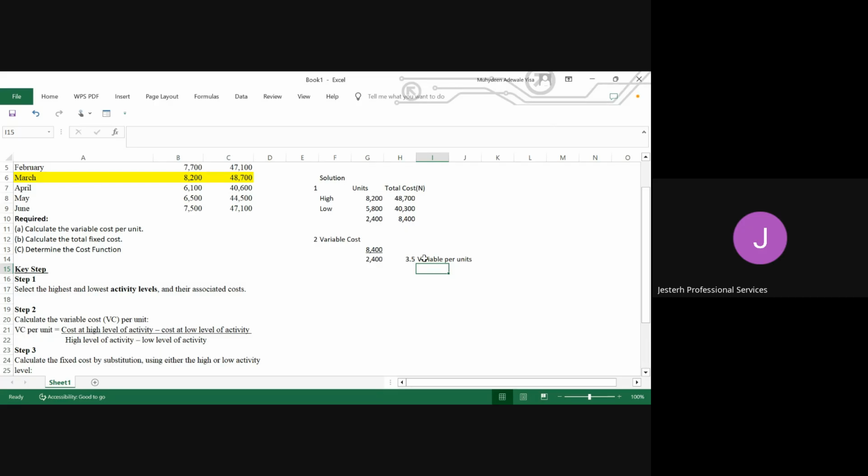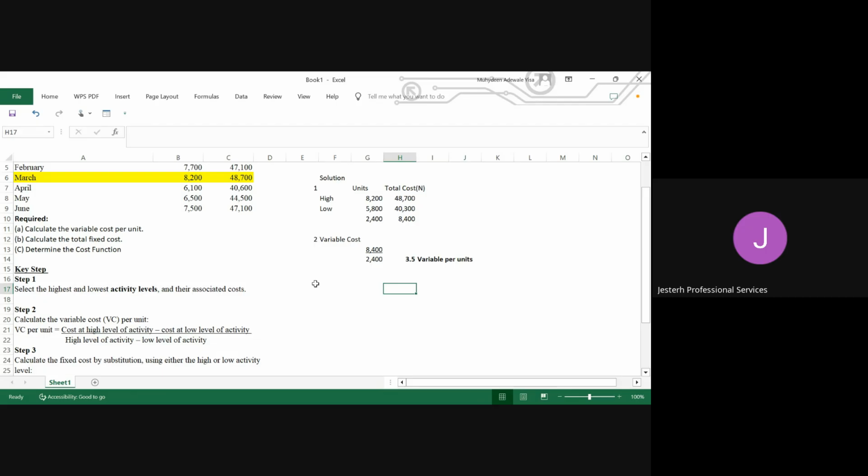Then we divide the difference in costs by the difference in level of activities to ascertain the variable cost per unit. Our variable cost per unit here is 3 naira 50 kobo.